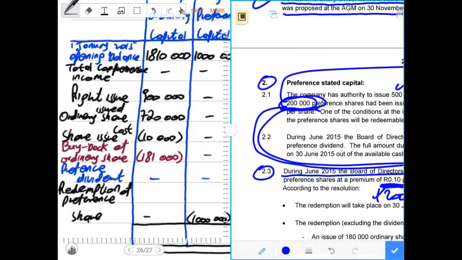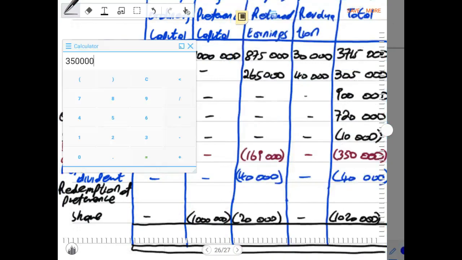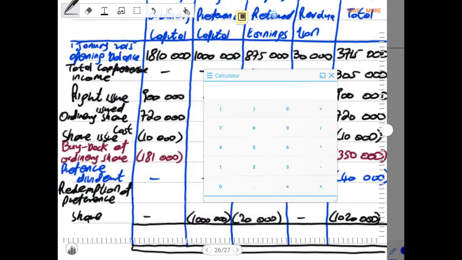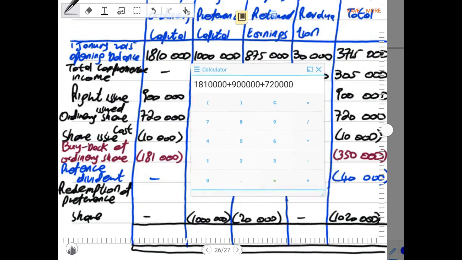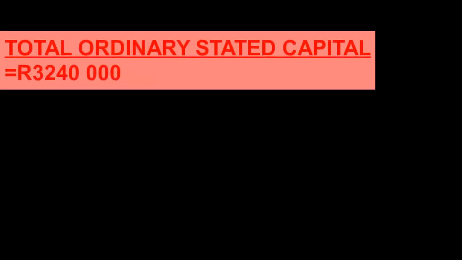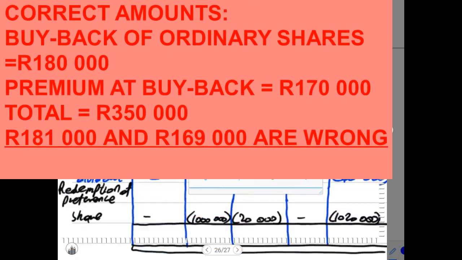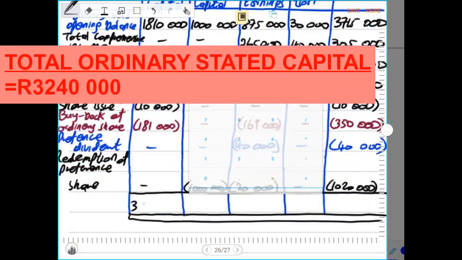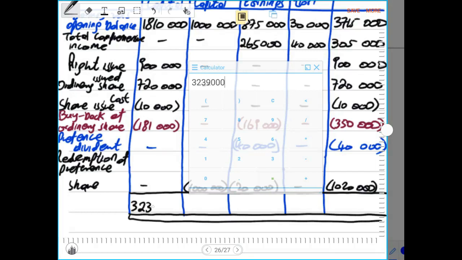So now let us just calculate our totals and check where maybe we could have made a mistake, if there could be a mistake. 1,810,000 plus 900,000 plus 720,000 minus 10,000, which is the share issue cost, minus 181,000. This gives us 3,239,000.